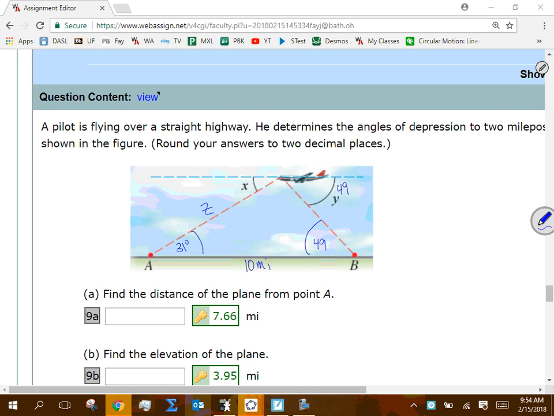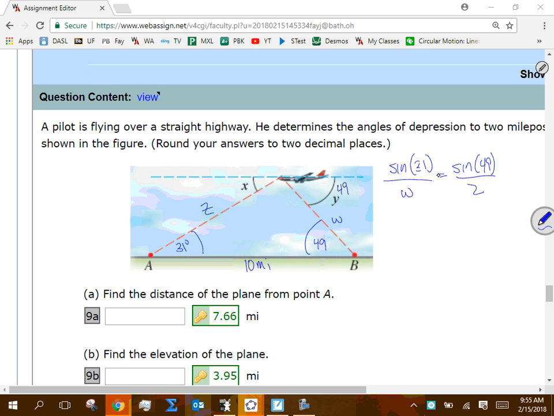So maybe that's Z. And how far is the airplane from B? Let's call that W. Could I say the sine of 31 over W is equal to the sine of 49 over Z?